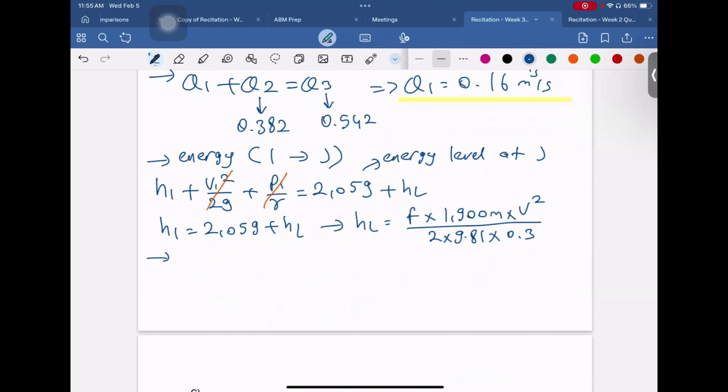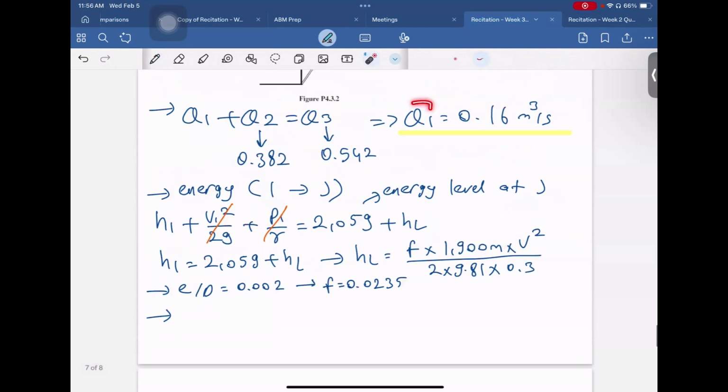And similar to previous reservoirs, we have E over D as 0.002, and assuming complete turbulence, the friction factor will be 0.0235. And this time, we actually know the velocity in pipe 1 because we know the Q. So let me write it as V1 again.